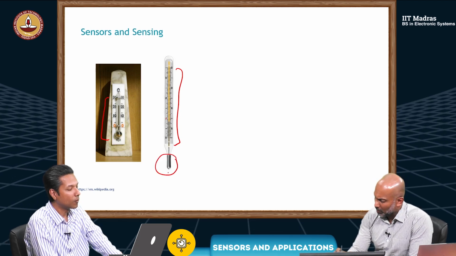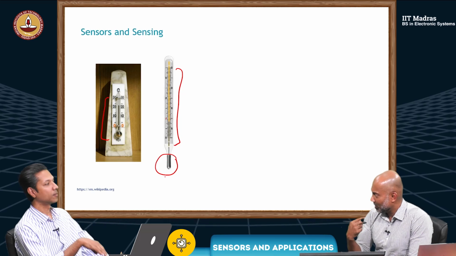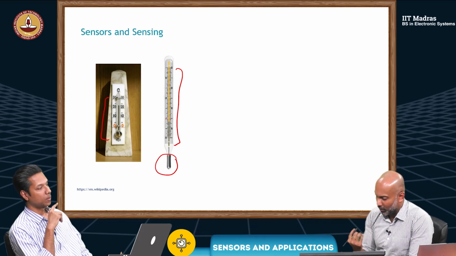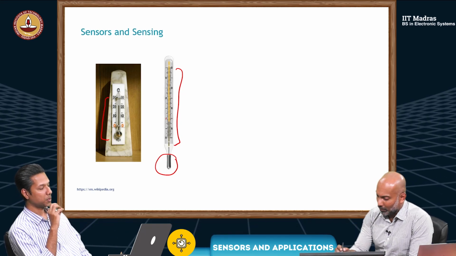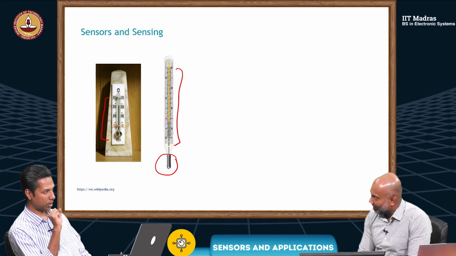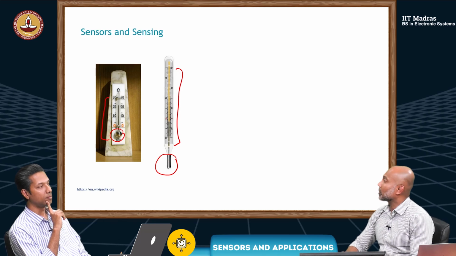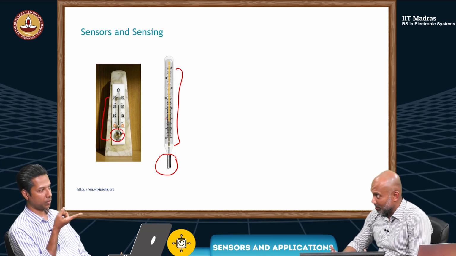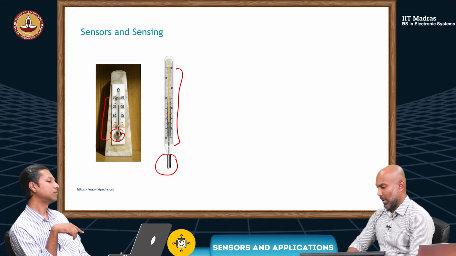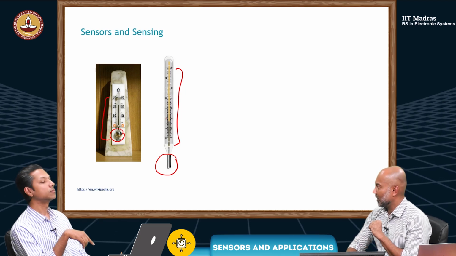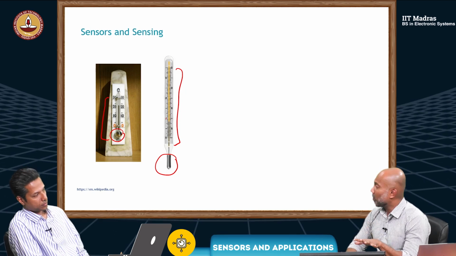So there's some input: you're measuring the temperature of your body, and there is some expansion of that liquid. Exactly, so there's mercury here that contracts and expands according to the temperature. There are no electronics, and no need to power this.